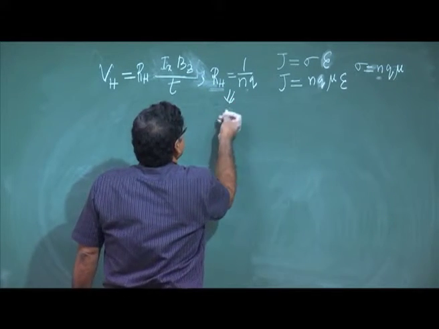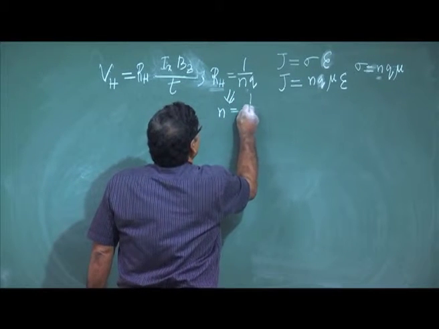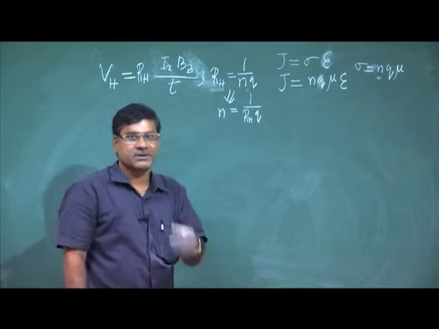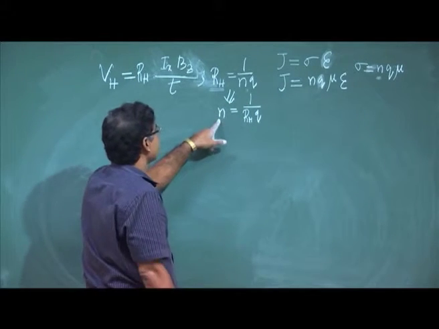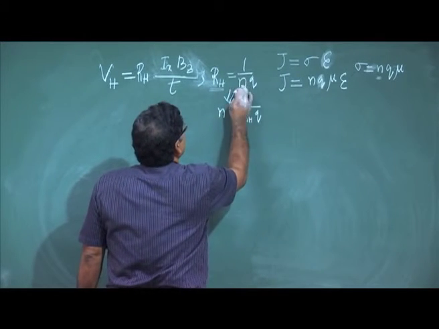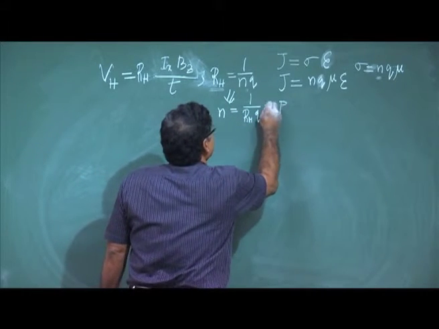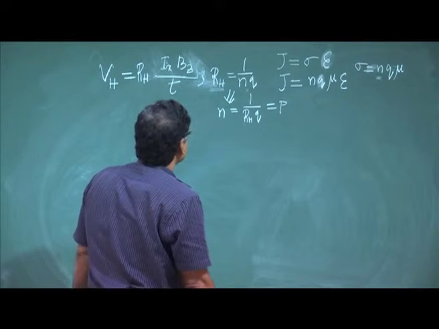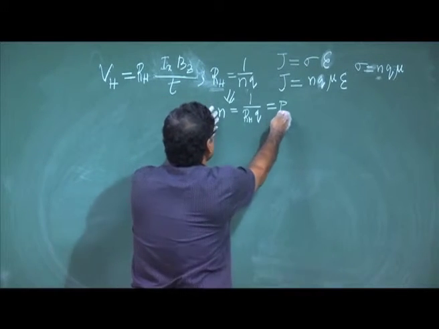So, from here one can tell N equal to 1 by RH Q. So, Q, this charge, is known, and if RH is known, one can get N. So, one can get N or P, right, it can be N or P. So, this charge carrier, it can be N or P, whatever, hole density. And so I will know the carrier density.